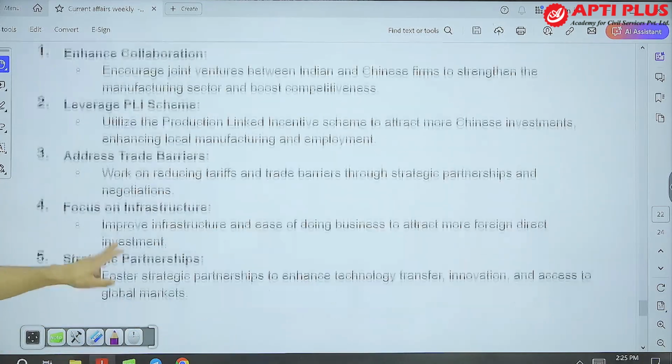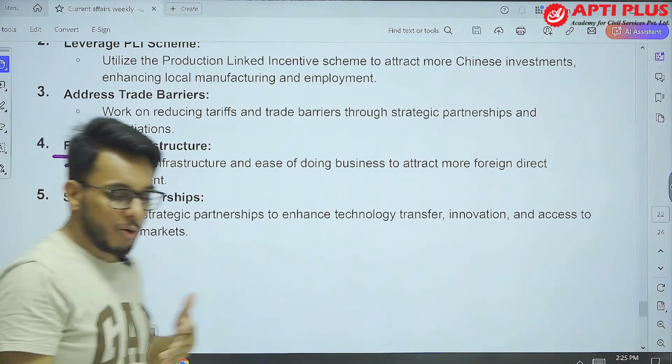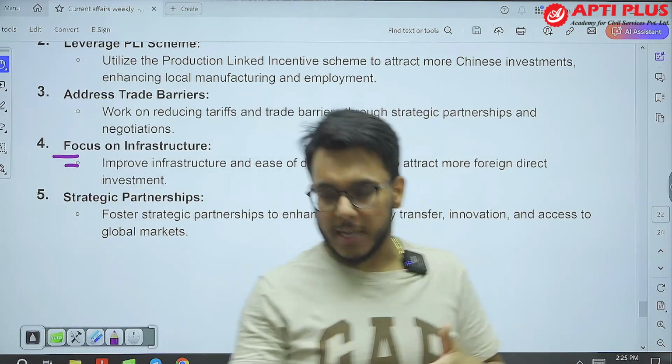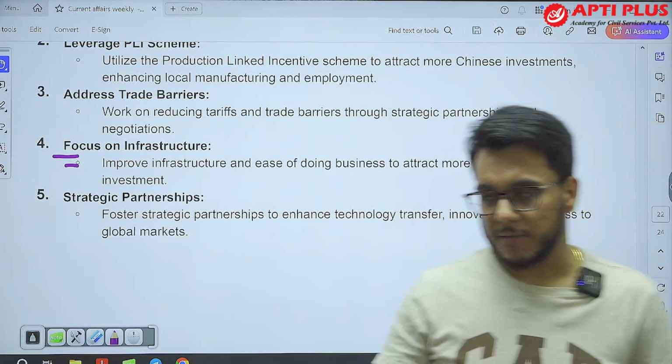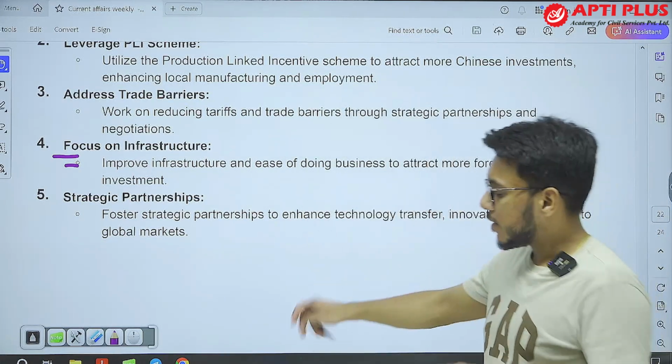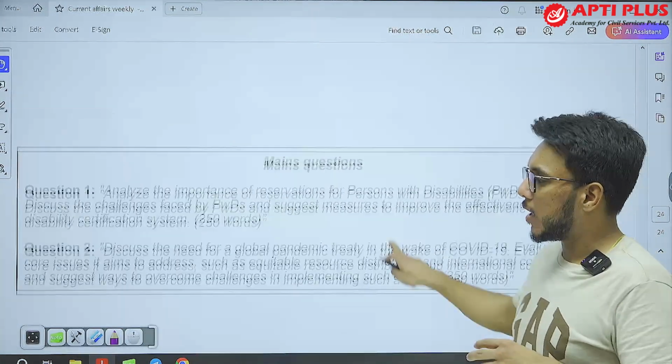Then trade barriers that are there need to be addressed. To invest, we need adequate infrastructure. And a strategic partnership can be signed. So this is, guys, all about it.